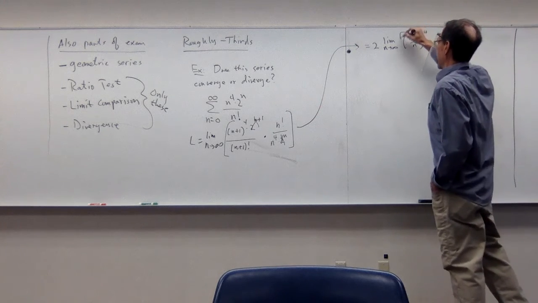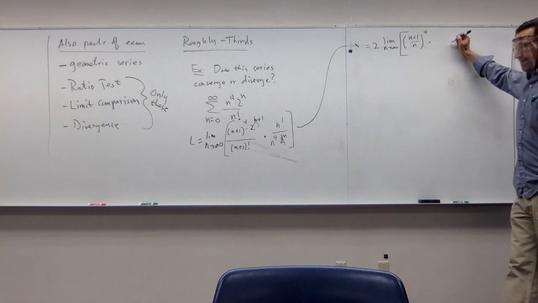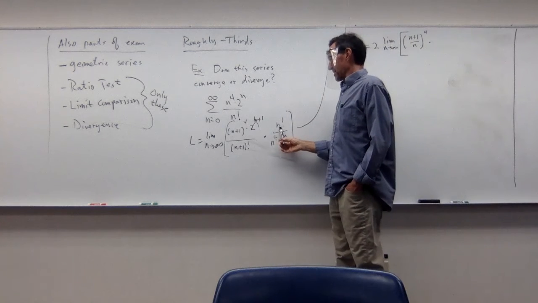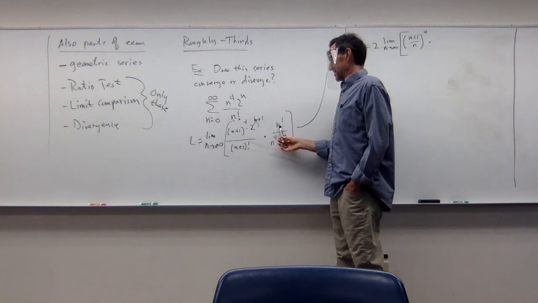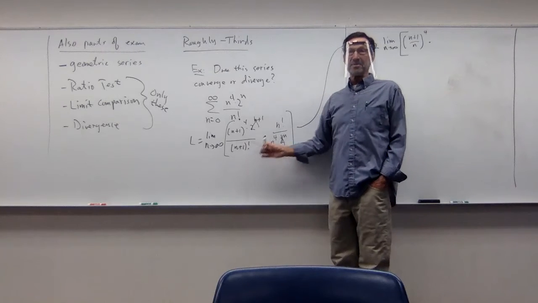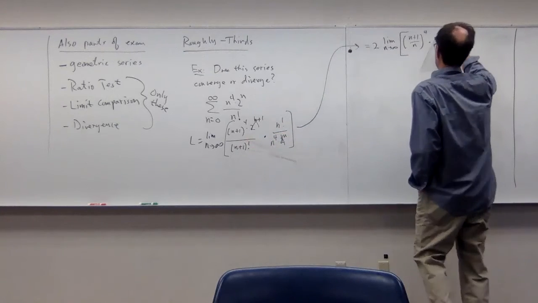And what happens with factorials? This is the product of all of the positive integers up to n, and this is the product of all of them up to n+1. So all of these are included here, and the top one survives.